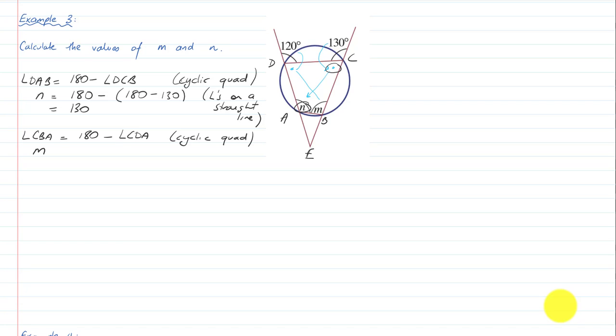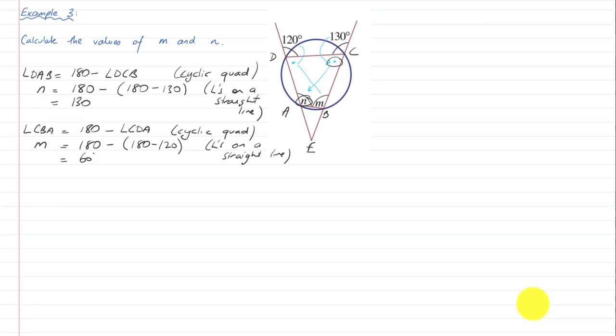And so that gives me m is equal to 180 minus 120, which means that m is equal to 60 degrees. And this is, again, angles on a straight line. Okay, so that's example 3, calculating the value of m and n using the circle theorems that we know to be true already. Okay, let's look at example 4.